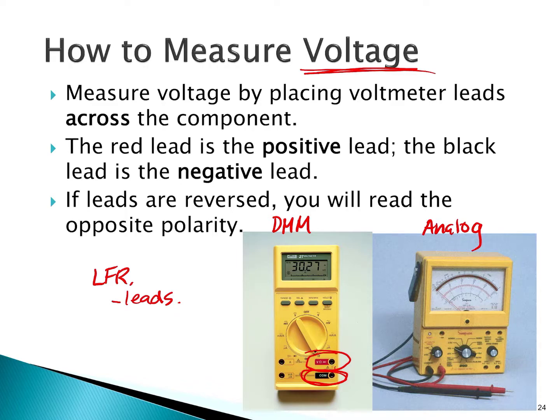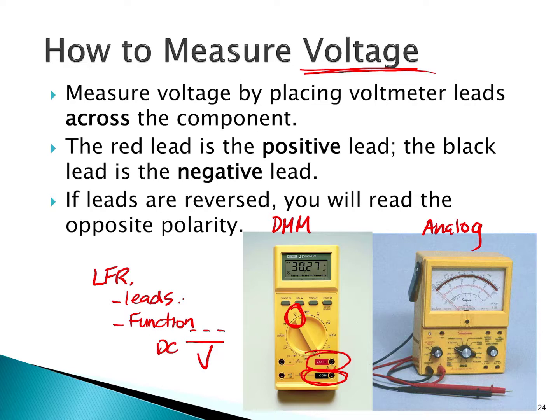Further to that, we go down to our function. The function dial is found right here in the middle of this meter, and if you look closer you can see that this has been set to function as DC volts. We see the V and the line like this that indicates that that's DC.